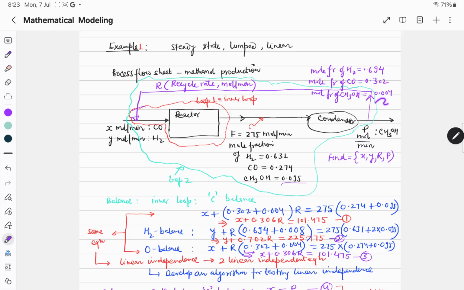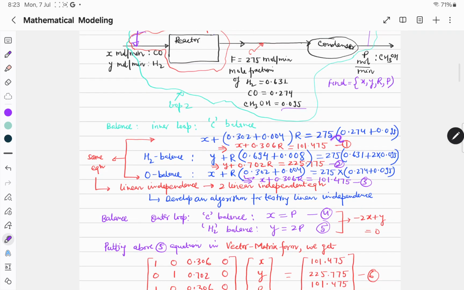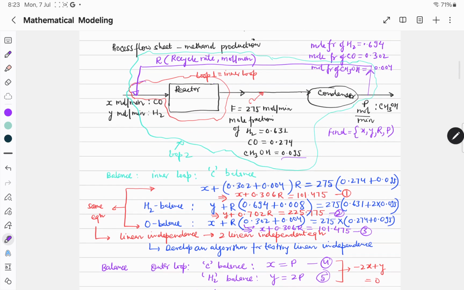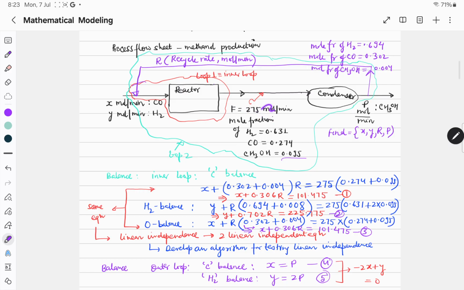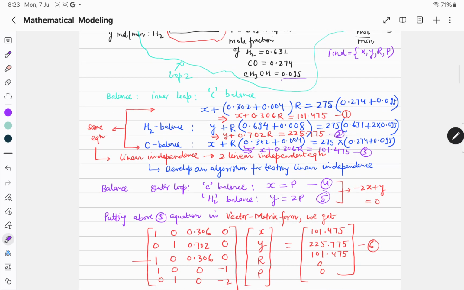So 0.302 and 0.004 multiplied by the recycle rate R mole per minute. Out is F, so F is 275, and C is in CO and CH3OH. There is no C in H2, right? So 0.274 plus 0.095 multiplied by F. This is the first equation, equation 1.